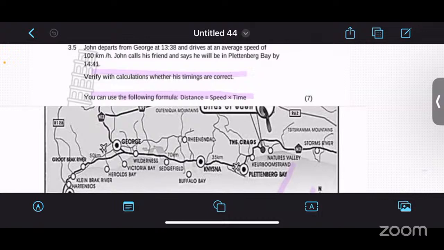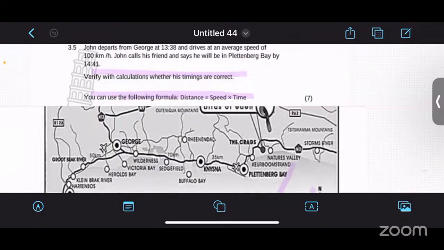So now let's work with the distance first. From George to Plattenberg is 70 kilometers plus 35 kilometers, which is equal to 105 kilometers. So the distance to be traveled is 105 kilometers.